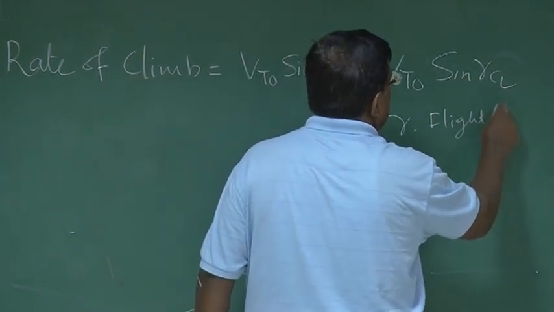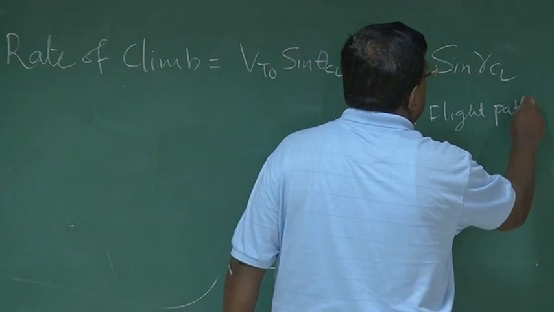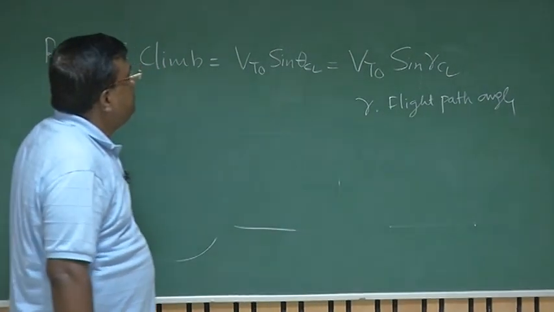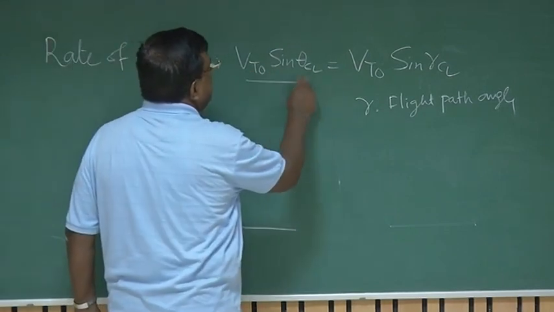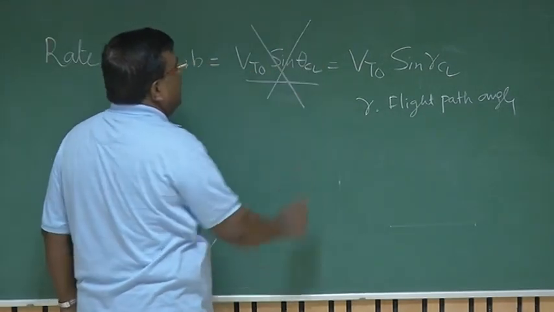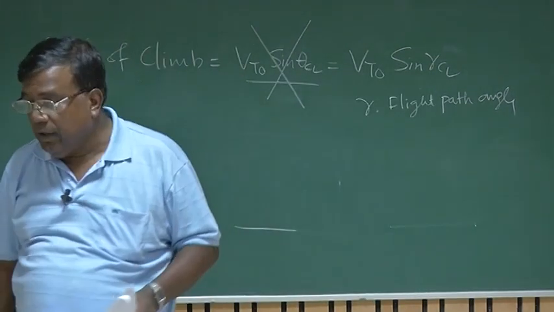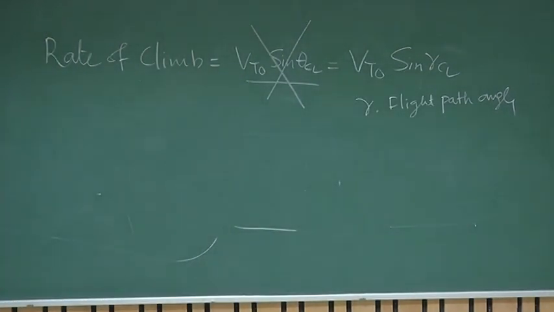If you see textbooks, they sometimes use theta CL. I am not writing theta CL, I am cutting it here. I will write V takeoff into sine gamma CL to stress that for flight path angle we are using notation gamma, not theta.